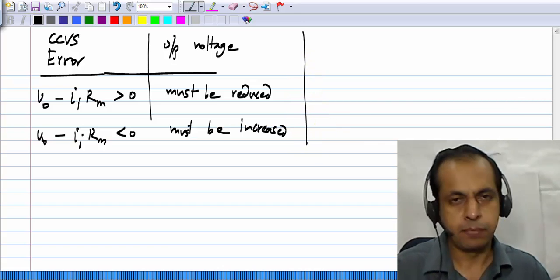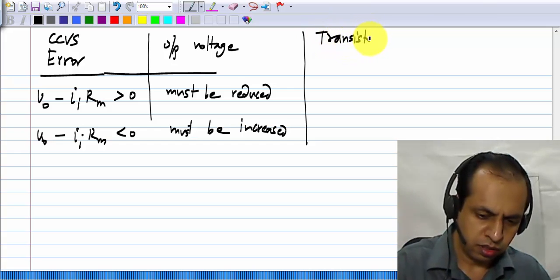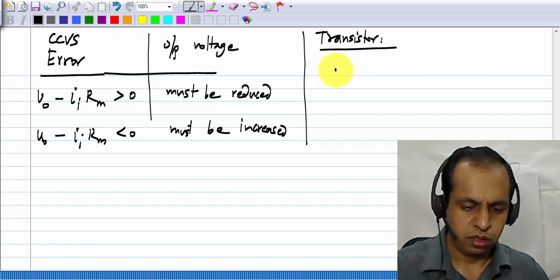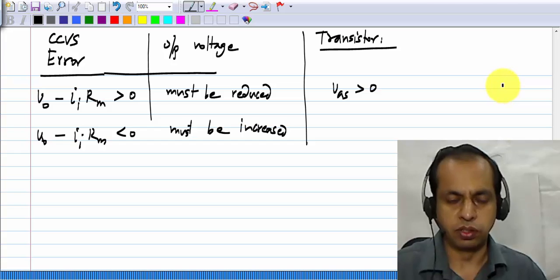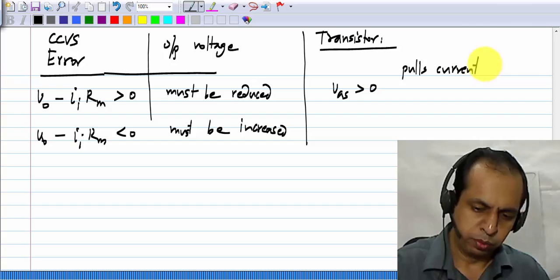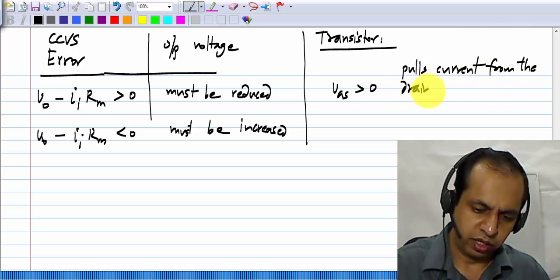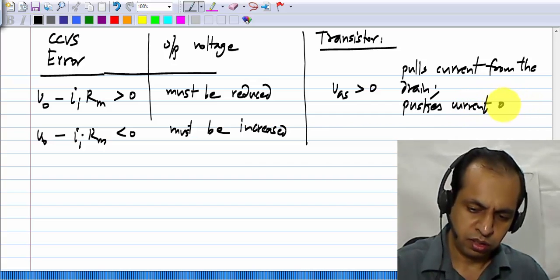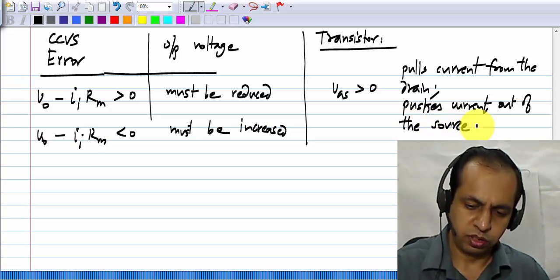Okay. And what does the transistor do? The transistor, if VGS is more than 0, then it pulls current from the drain and pushes current out of the source, right?